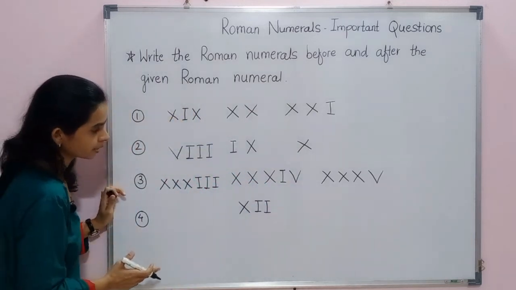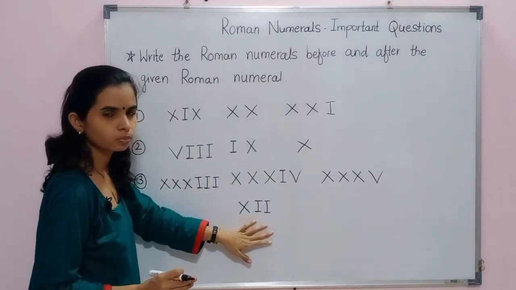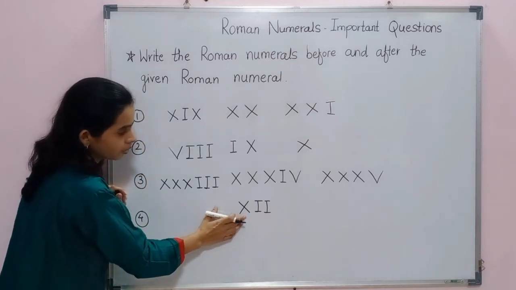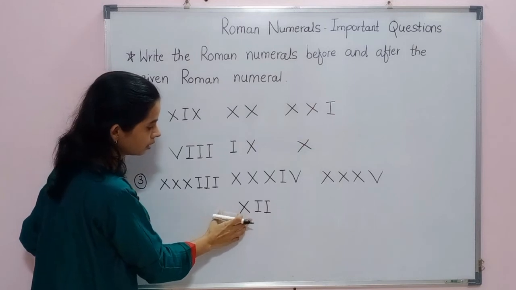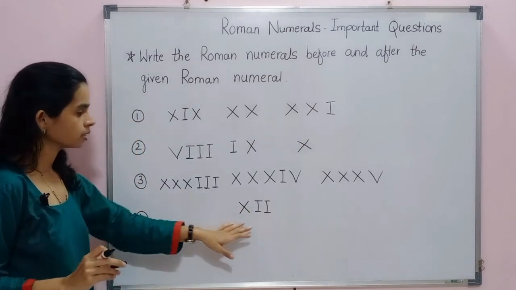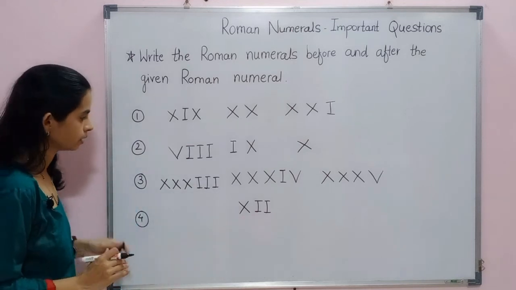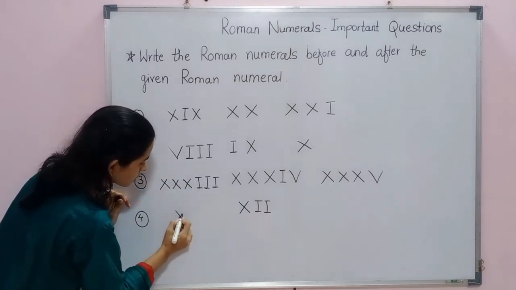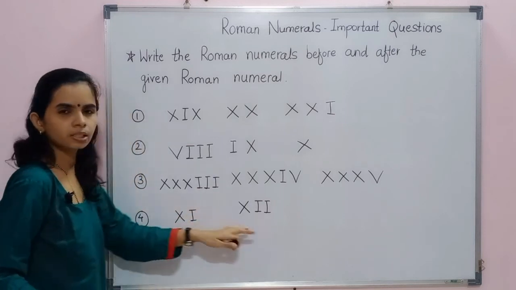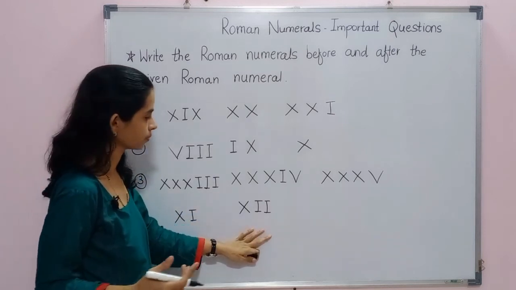Then in the next example, the given symbol is XII. Here the value of X is 10. 10 plus these 2 means 12, and the predecessor of 12 is 11. 11 means 10 plus 1, and the successor of 12 is 13.